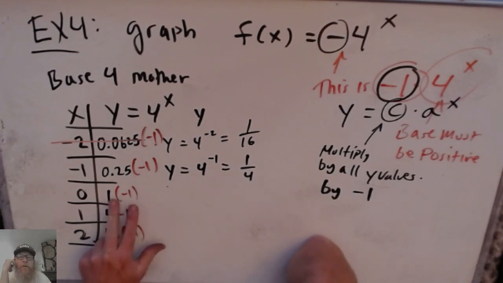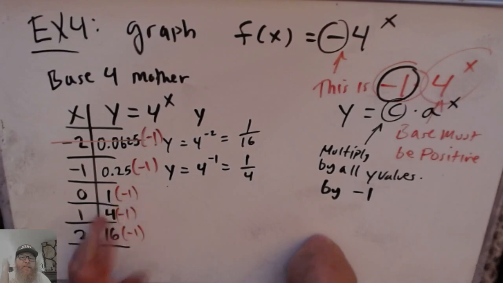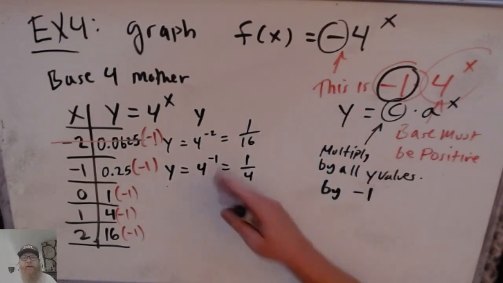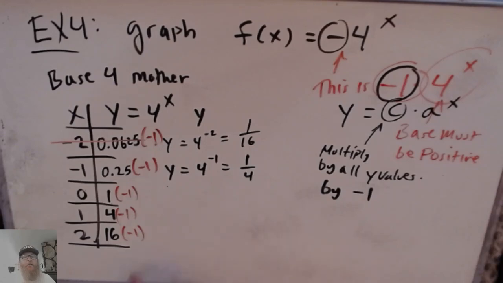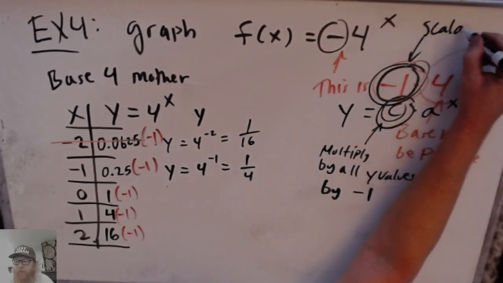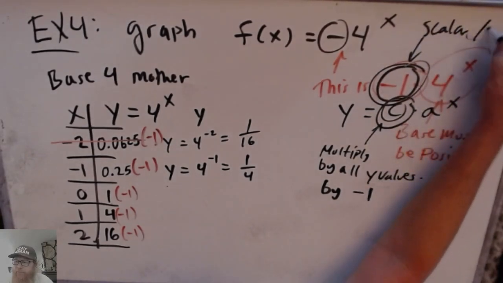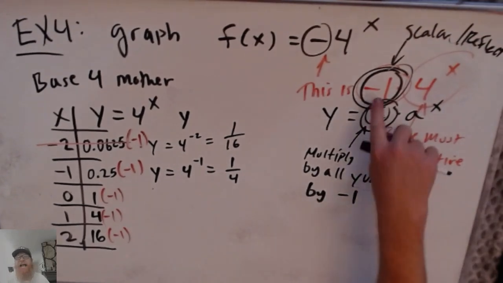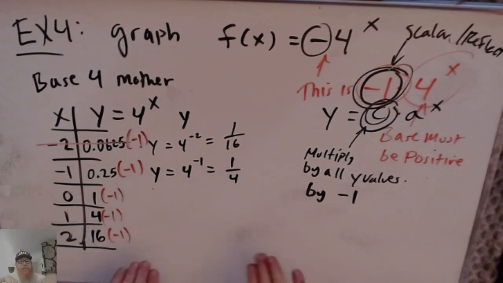Well, if you just put a negative 1 without the parentheses, I already know what will happen. I've seen it a million times. You're going to subtract. You won't even realize it. You'll just be sitting there doing your math, and your brain will kick into autopilot, and you'll start subtracting. So use parentheses or use a dot whenever you're using a scalar. It's also called a reflector. From the previous section, if it's negative, it's going to reflect about the x-axis and flip it upside down.